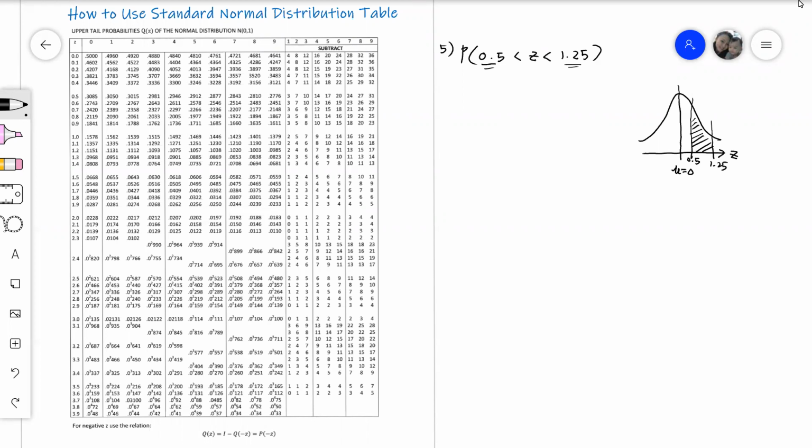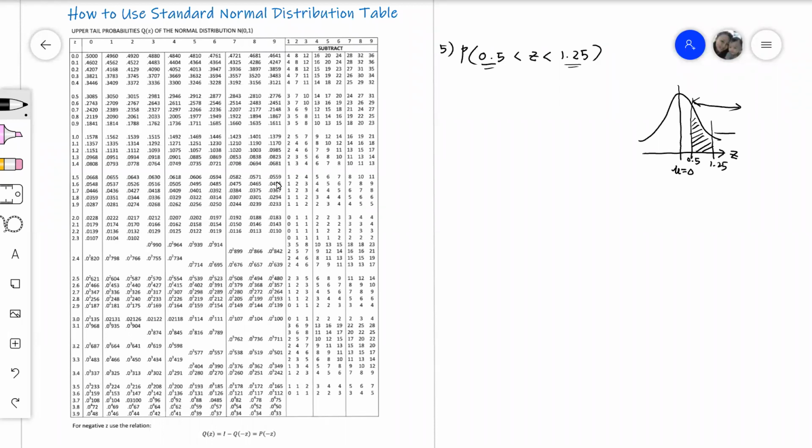In the previous video clip, we already know that the table shows the probability on the upper tail, or I like to say upper right tail. So if we find 0.5, that will be the area on the right of 0.5.